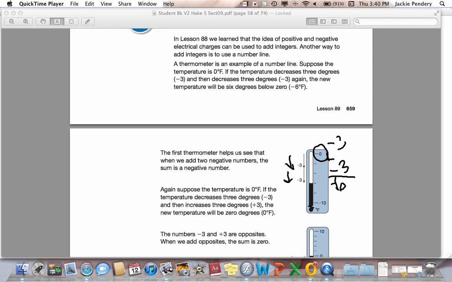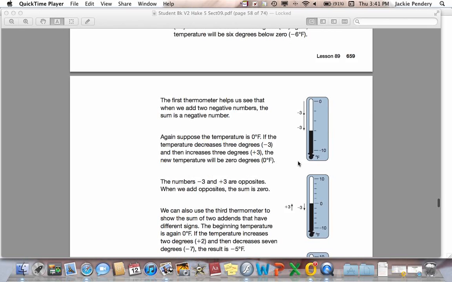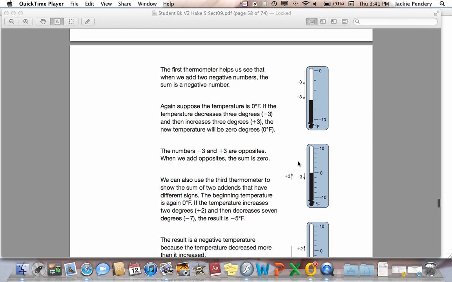Okay, so let's talk about another thermometer. So now, suppose that the temperature is still 0 degrees. This time though, looking at this thermometer right here, let's say it's 0 degrees.